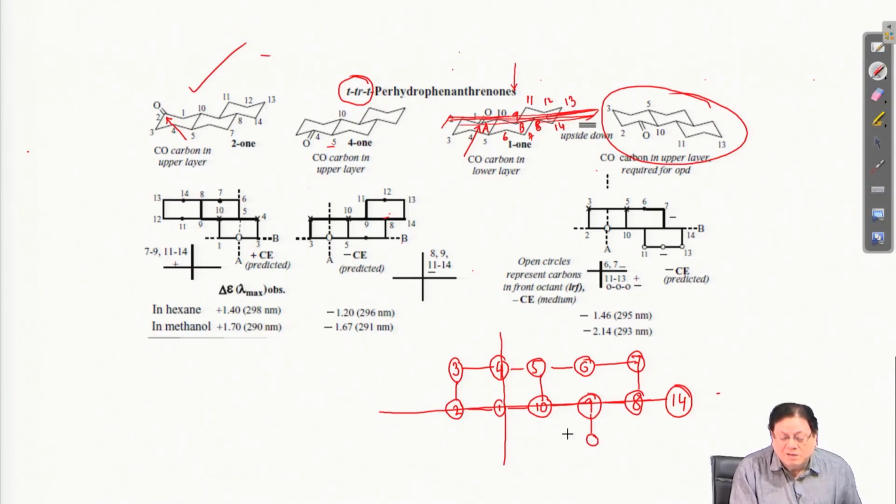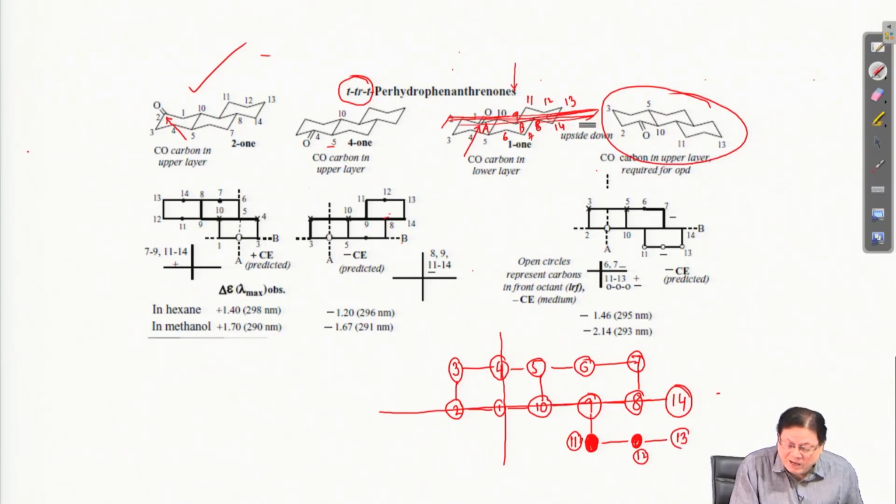There is a way to show the front octant: you have to remember, I put dark circles, with the numbering. That is 11, then 12, and 12 is connected to 13.